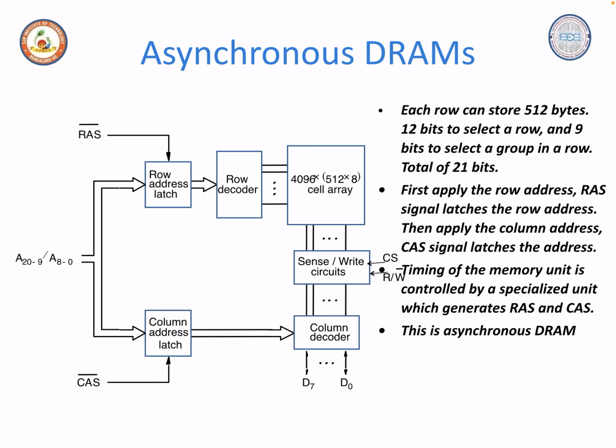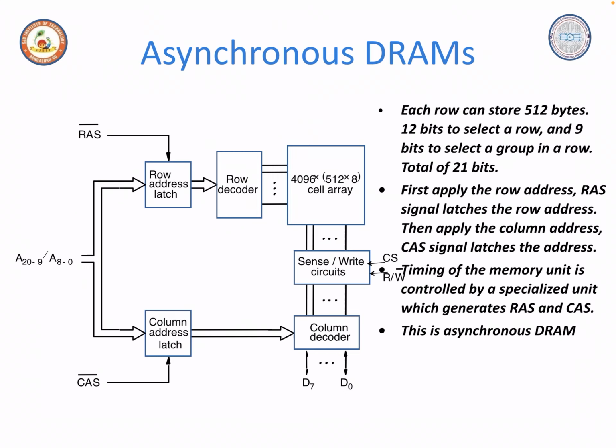So totally you will be accessing a cell array. They are arranging it in the form of an array, so you have rows and columns. Each row can store 512 bytes. The 12 bits will be used to select a row, and 9 bits will be used to select a particular group in a row, totally 21 bits.